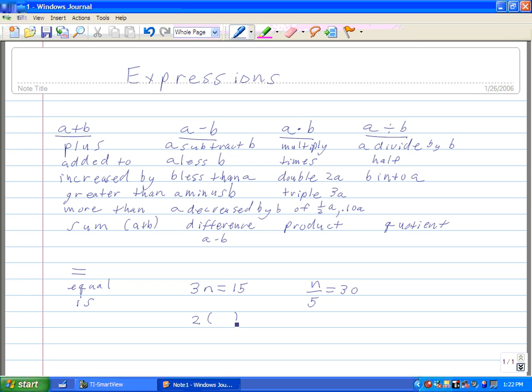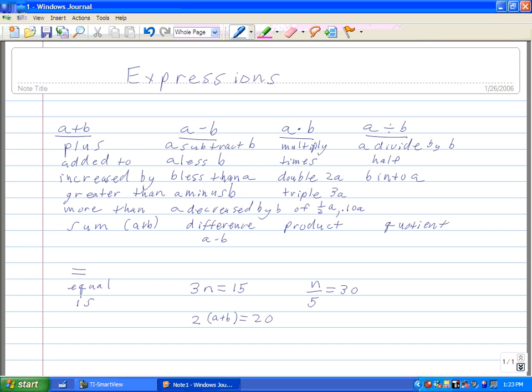Sum means grouping symbols, and if you say twice the sum of A and B, that means twice A plus B in parentheses. Yields can also represent the equals, and if you were to say 20, then that's what would go on the other side of the equal to.